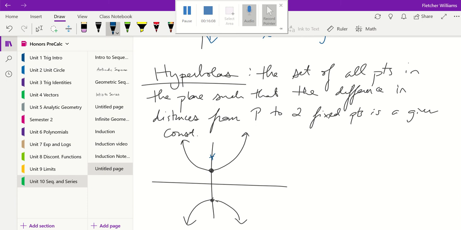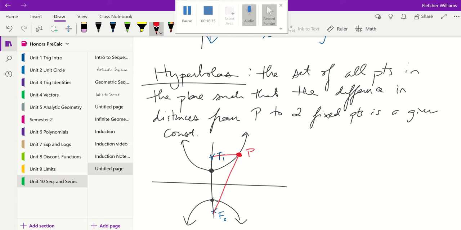So there's a focus here and a focus here. Call it F2, F1. And then if you pick any point, let's call this P, on the hyperbola, and draw lines to go from F1 to P, and then F2 to P, the difference between those two distances.